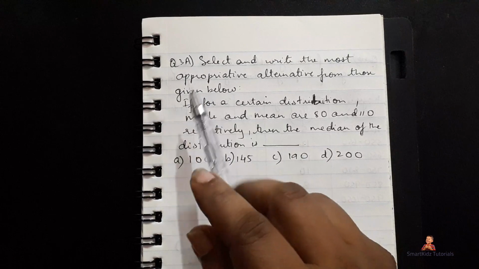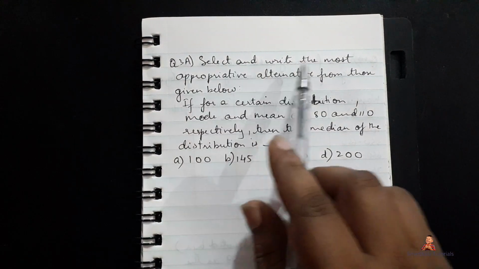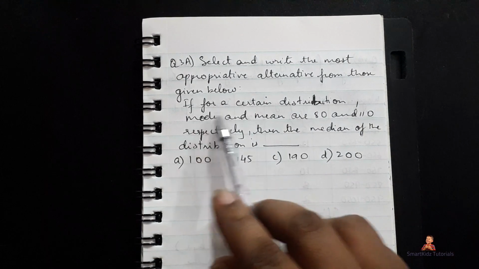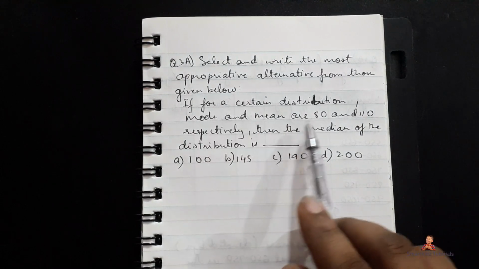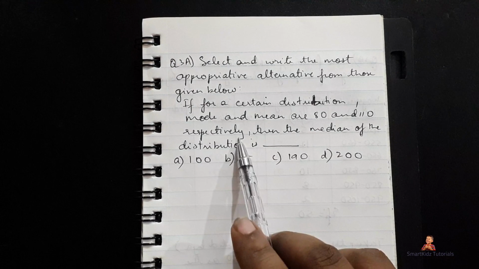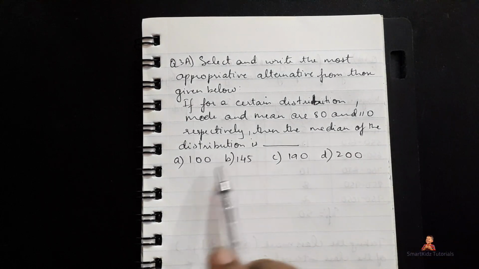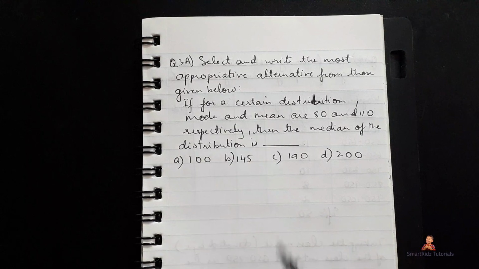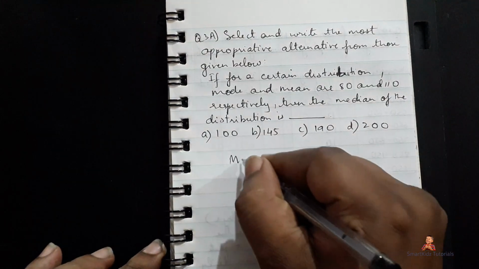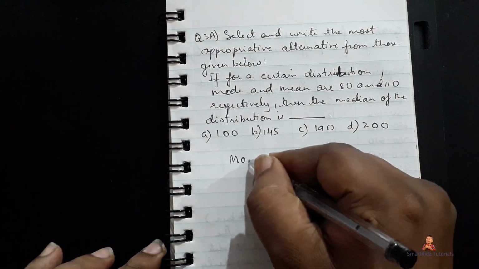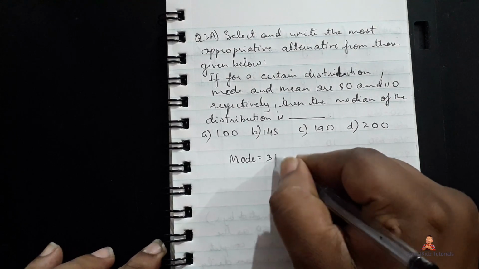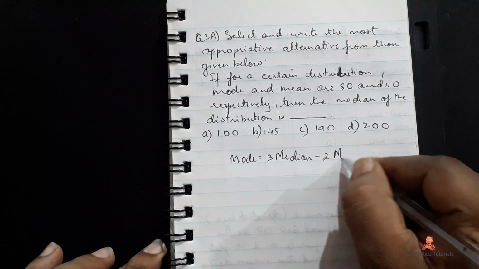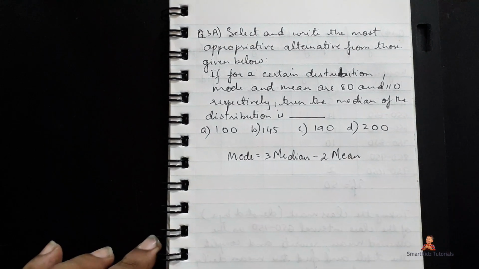Coming to question 3. Question 3a says, select and write the most appropriate alternative from those given below. If for a certain distribution, mode and mean are 80 and 110 respectively, then the median of the distribution is one of these. Now the relationship between mode, mean and median is this. Mode is equal to 3 times median minus 2 times mean.